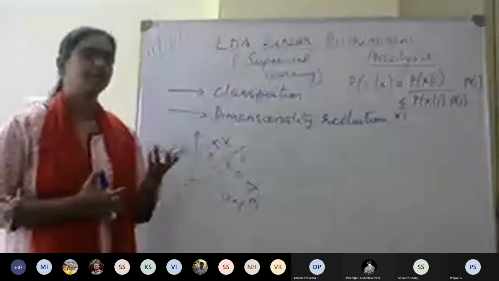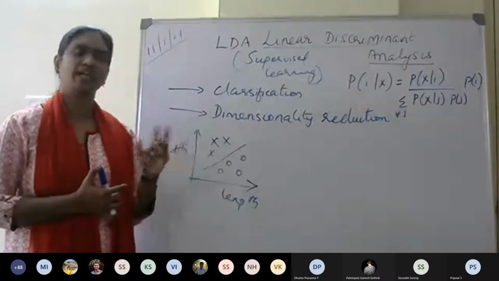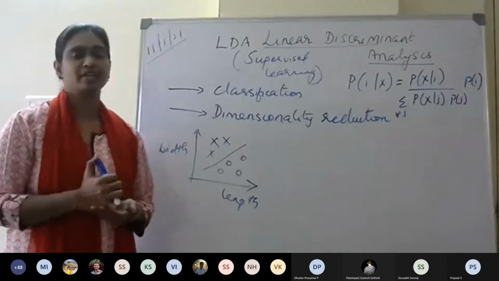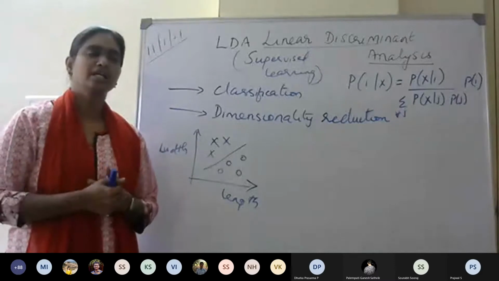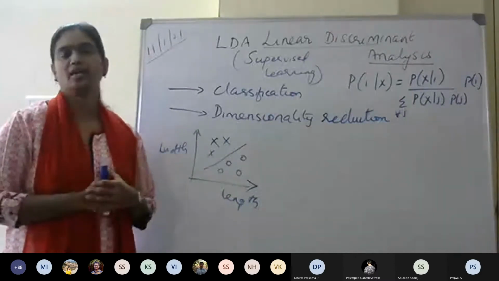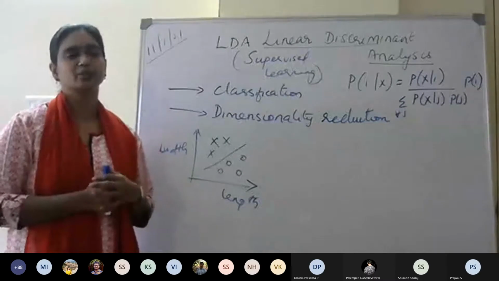If I take apples and oranges, then I will use the color or the texture. Any one will do, not necessarily both. Suppose I have oranges or gooseberries and pepper, then I will use the size and color, of course. But in this case, the size feature alone will do.